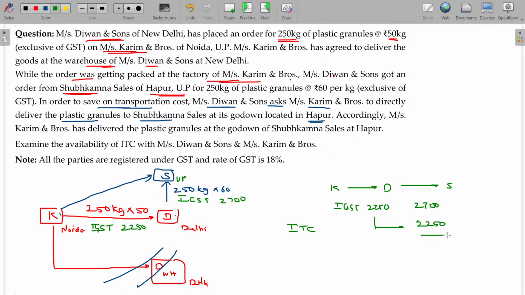Because though he has not received, it's a bill-to-ship-to model, assumed to be received by D and D subsequently sold to S, so the ultimate tax payable by him being 450. Clear? Okay, 450 has to be payable.